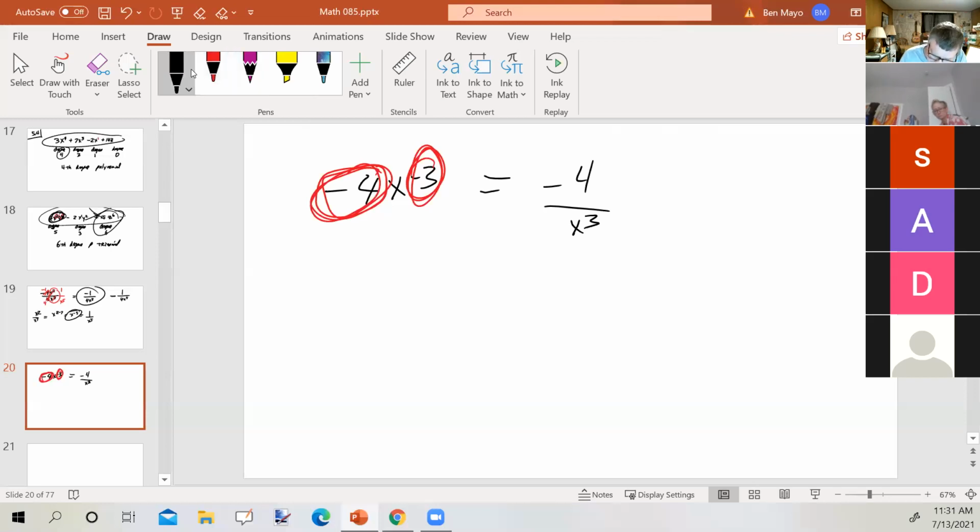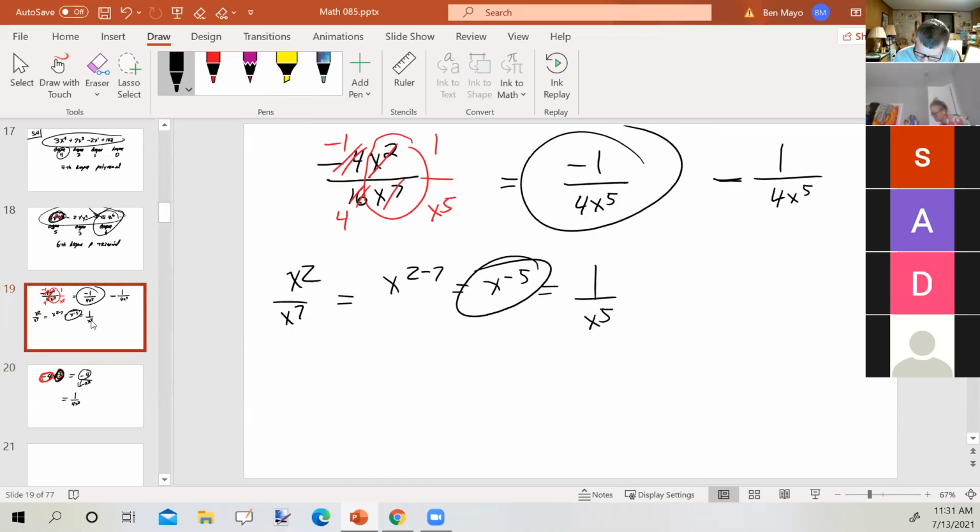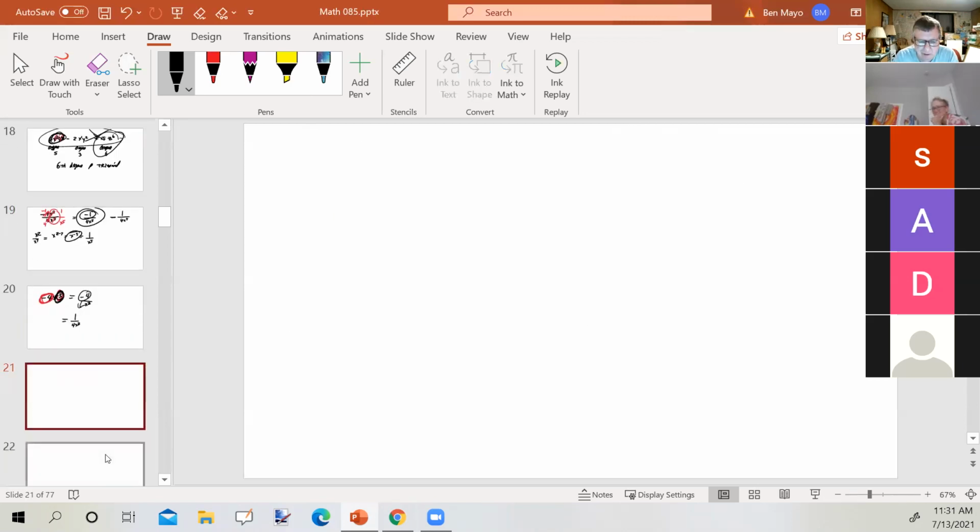A common mistake is people write this. They think, oh, we'll just take that and move it downstairs and make it positive. That only applies to exponents, not to coefficients. So back here, this negative 1 is not an exponent, so we can't just move it downstairs and make it positive. It only works with exponents. Does that make sense? What else? Bring it on.